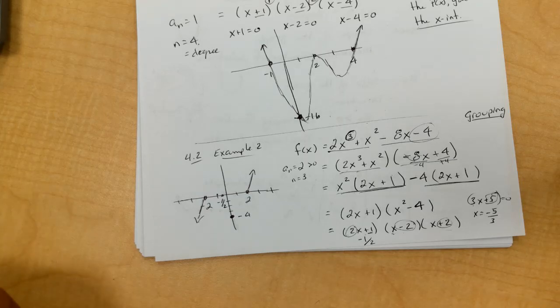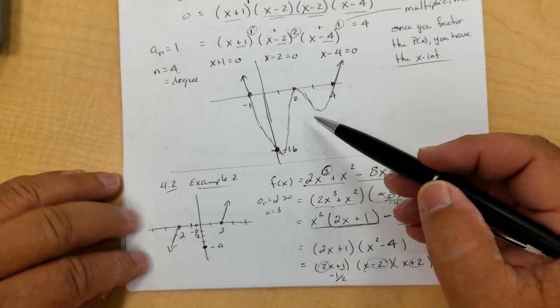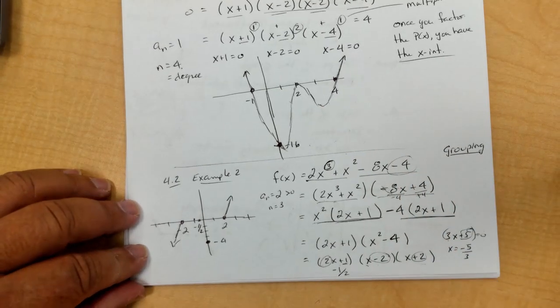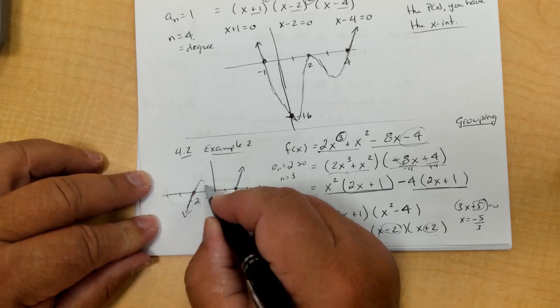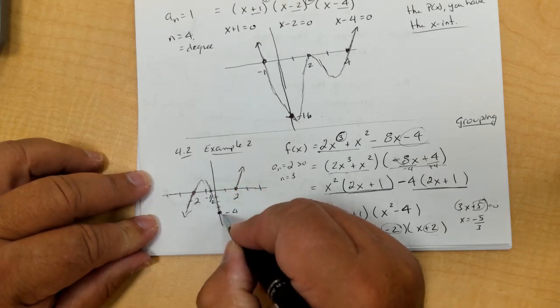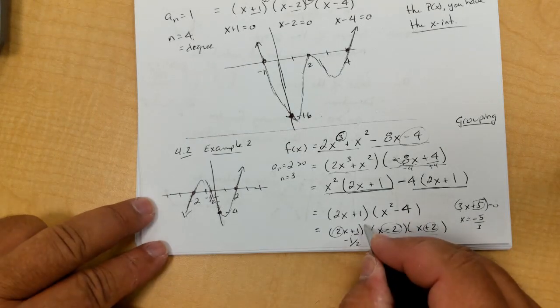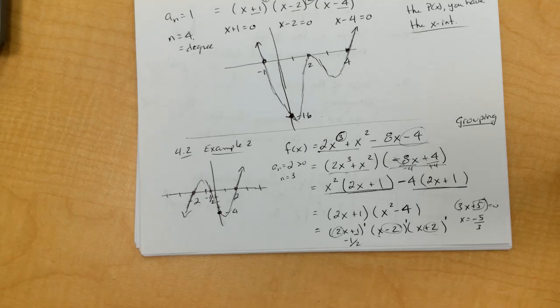So the question is, notice in the one we just did earlier, how do we know if it just bounces or if it crosses? They're all going to cross, because the multiplicities are all odd. If the multiplicity is odd, then the line crosses at that intercept.